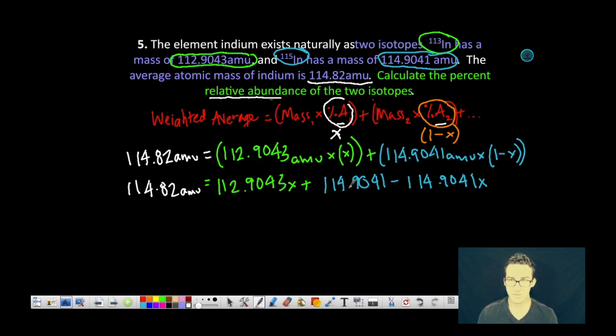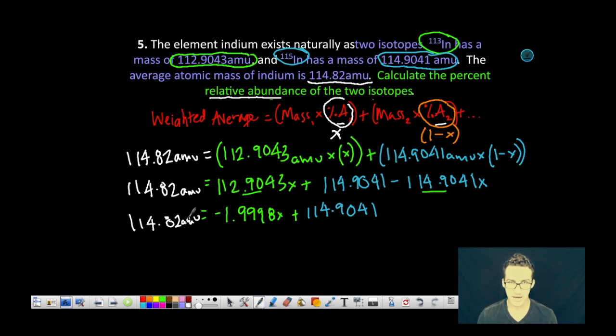So we're going to combine some like terms here. We're going to subtract the two x terms from one another. So we're going to get negative 1.9998x. I just subtracted 114.9041 from the 112.9043x. Plus our 114.9041 equals 114.82.